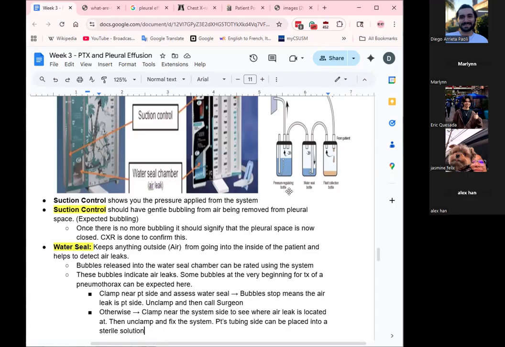Does that make sense? So clamping it takes away the patient side. If the bubble continues, that means it's from the machine side. If the bubbling stopped, that means it's coming from the patient side.